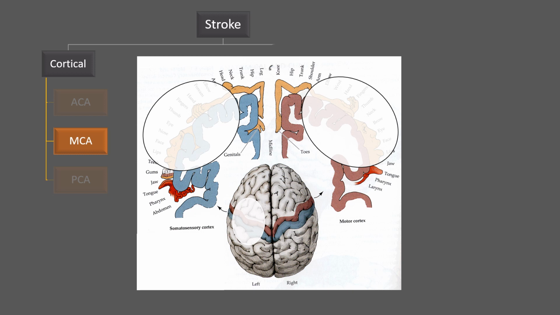So an infarction in this area, for example involving the frontal eye field, will lead to deficiency or damage to the ipsilateral oculomotor nerve.